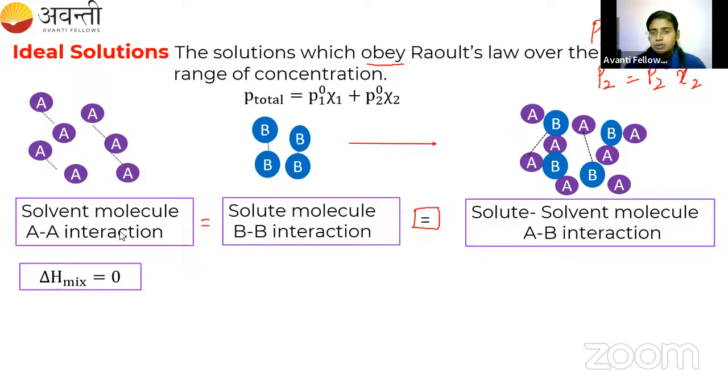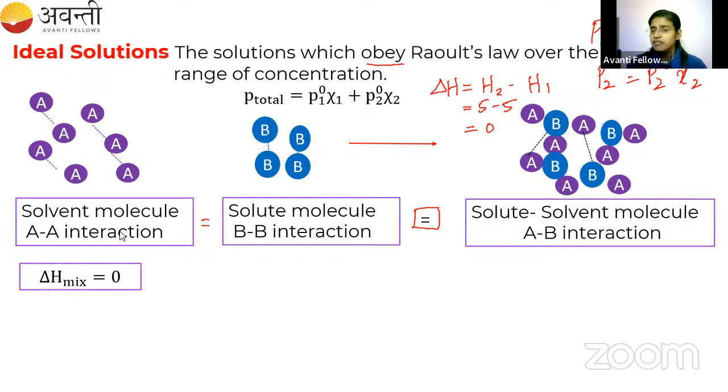Suppose I am trying to find this delta H, what will I do? I will do the final enthalpy minus the initial enthalpy. If final value and initial value remain the same, suppose the value is 5, so final is also 5 and the initial value is also 5. Because they are the same, 5 minus 5 will be equal to 0.